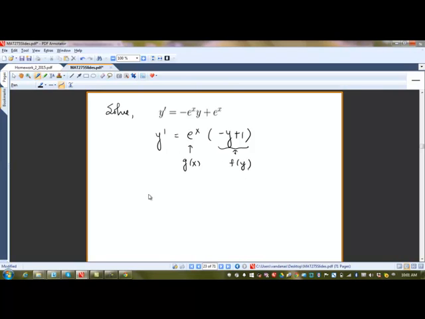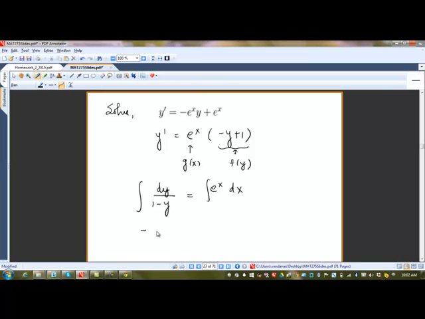If you try to solve this by separable, you can very quickly separate the variables. Exponential is not at all a problem, as we can take it out in both the terms.